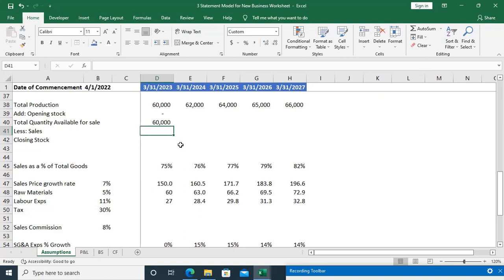So now, what was the sales quantity? Sales quantity is supposed to be sales as a percentage of total goods. So this is 75% of the quantity produced.